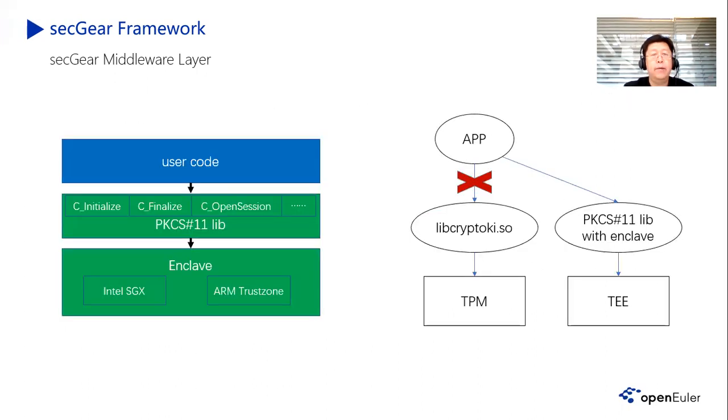That is just simply showing that our PKCS11 library is compatible with the standard interfaces, and the user application doesn't even need to be modified. Once linked to our library, it can use the enclave.